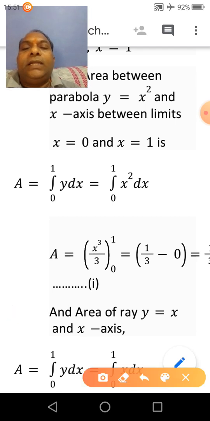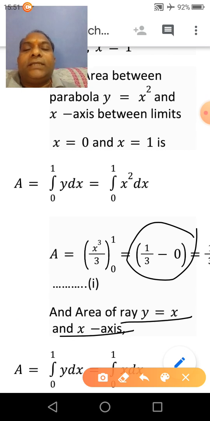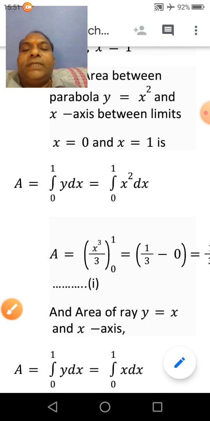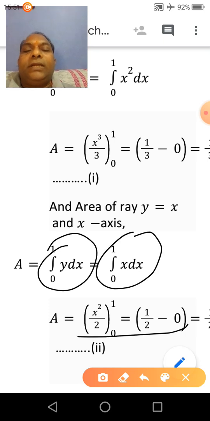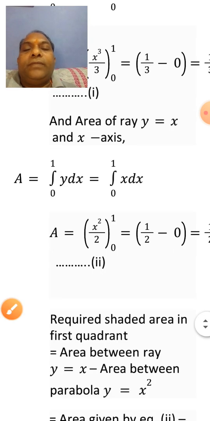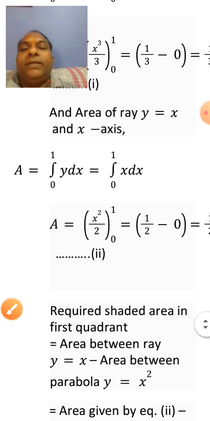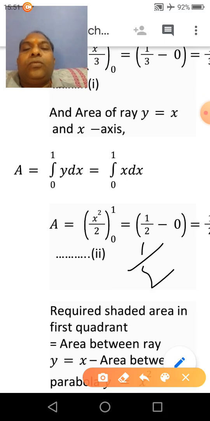So the area is 1 by 3. Clear? And the area under the line y is equal to x and the x axis will be integration 0 to 1 of y dx, and y is equal to x. Put it here, apply the limit, then you have the area which will be 1 by 2. Clear?